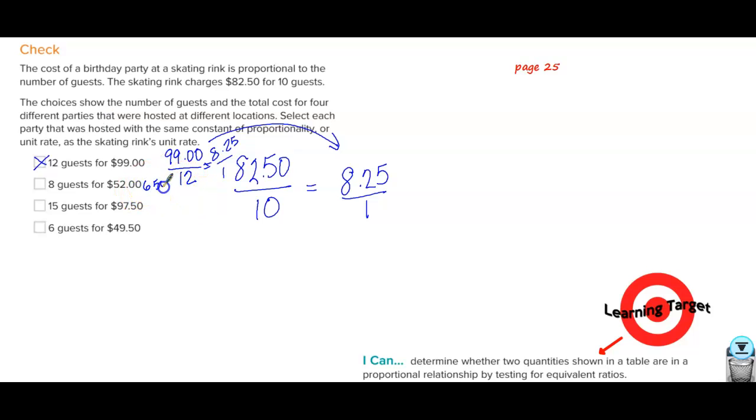So this one is not going to be checked. It has to be 8.25. This one, 97.50 divided by 15 guests, is charging 6.50, cheaper than the skating rink. And this one down here, 49.50 divided by 6, is 8.25 per guest. So you would mark the top one and the bottom one.